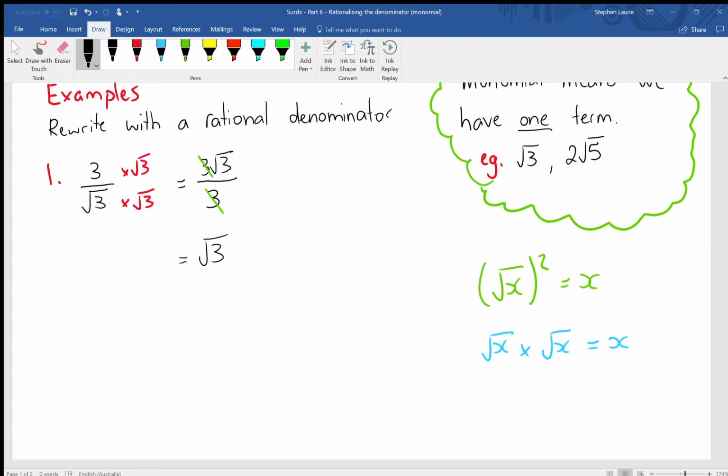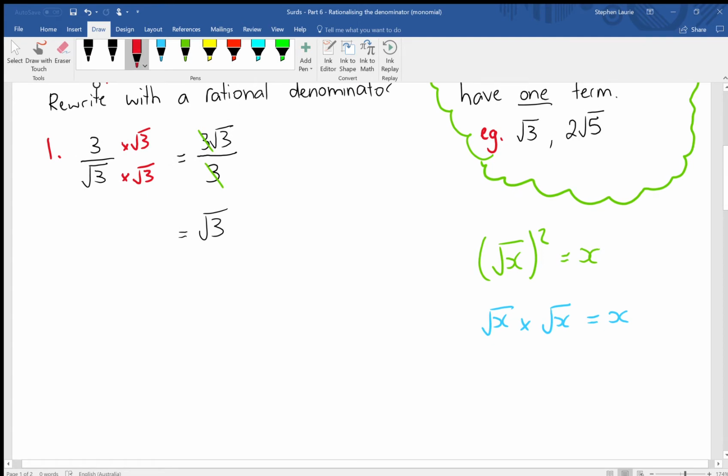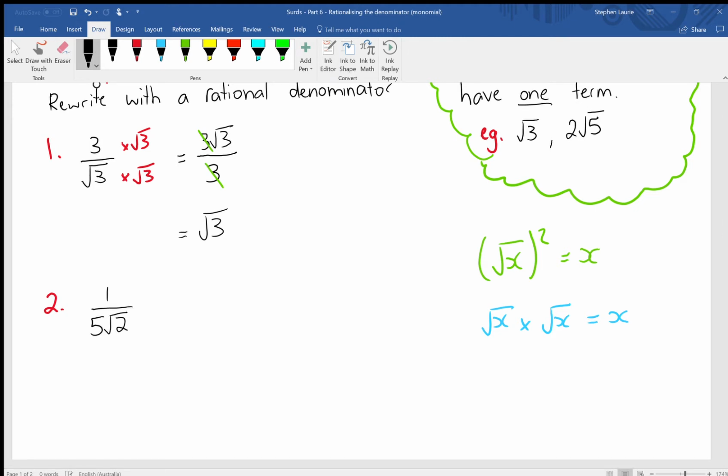Alright, let's have a look at another example. 1 on 5 root 2. Let's rewrite this with a rational denominator. Now, on first inspection, it might seem like, well, the first example we times it by itself, so let's do the same here and let's times by 5 root 2 on 5 root 2.